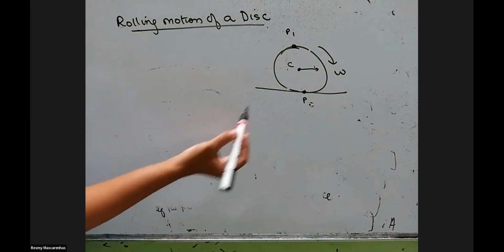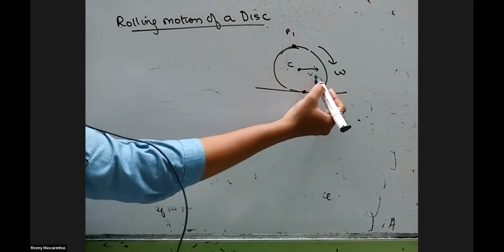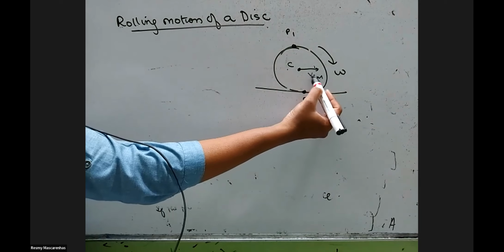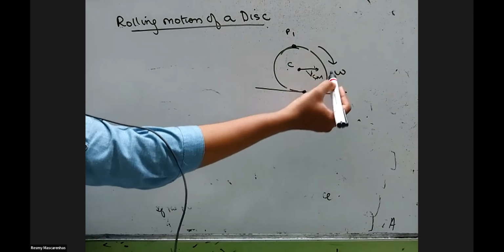So there are two velocities involved. One is the linear velocity, Vcm, for center of mass, and one is for rotational.